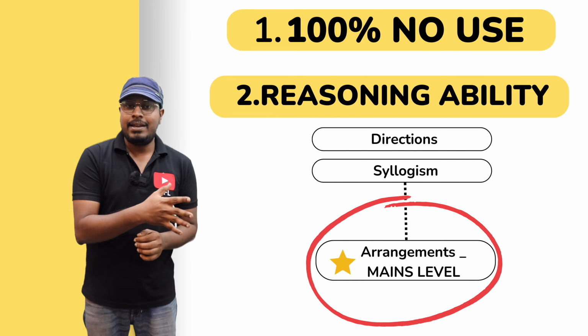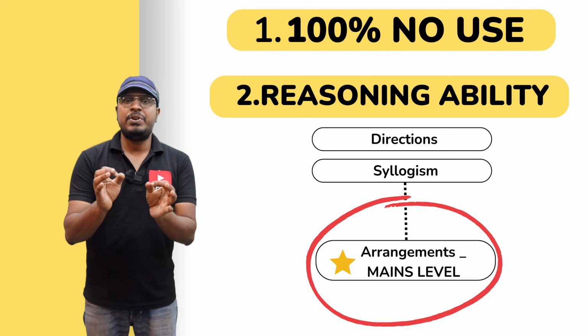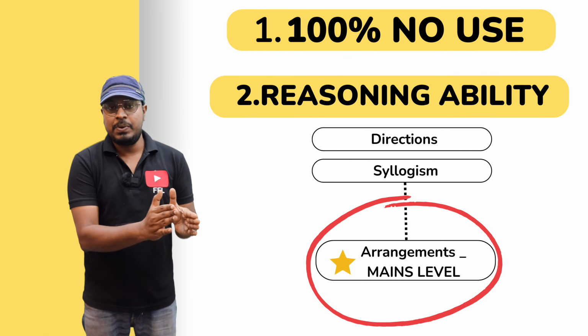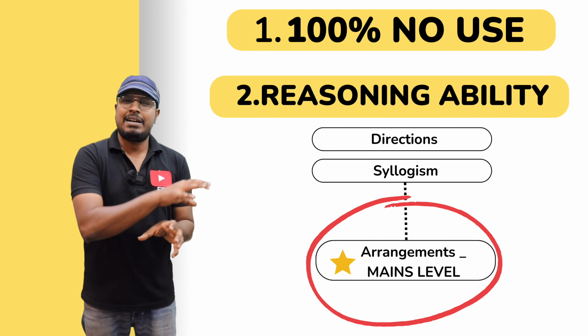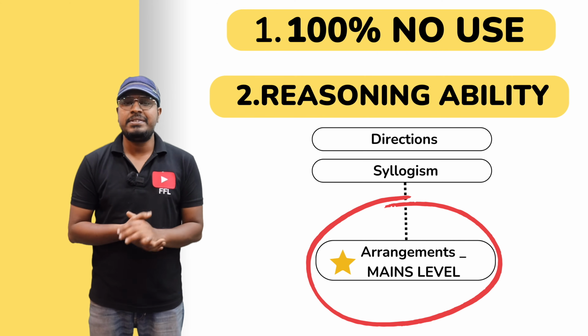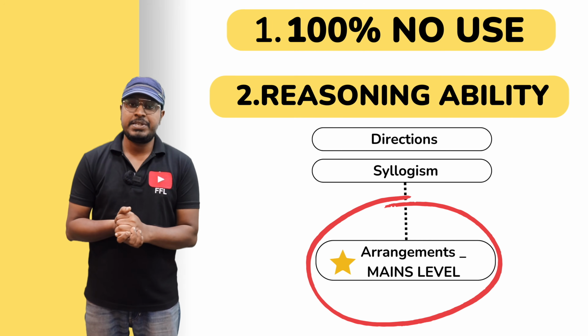Because if you watch this video without writing the test, then 100% the video will be of no use. So first you have to write the test, analyze your score, and look into where you are making mistakes, and then watch the video. Definitely this video will be helpful. So now let me move on to the seating arrangement for mains level exams.